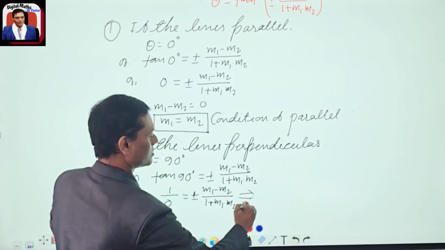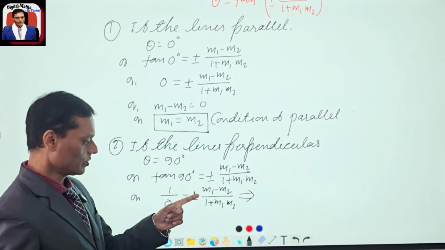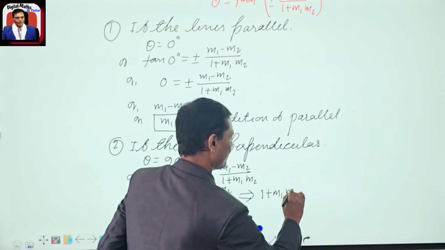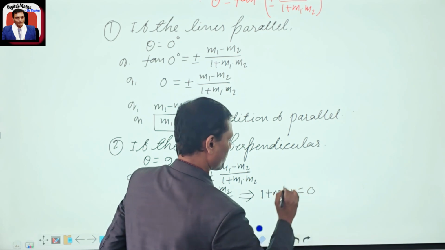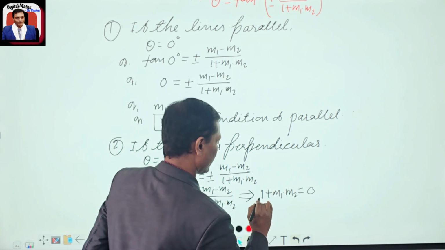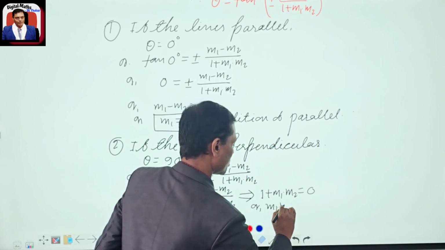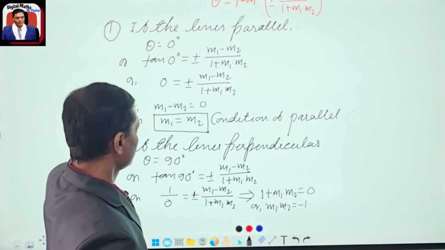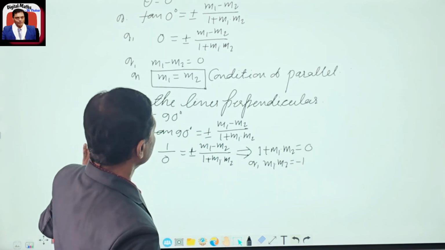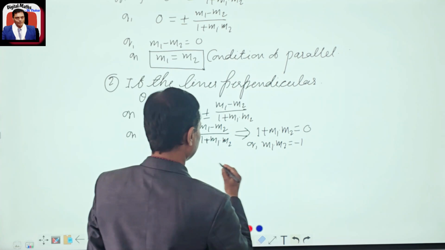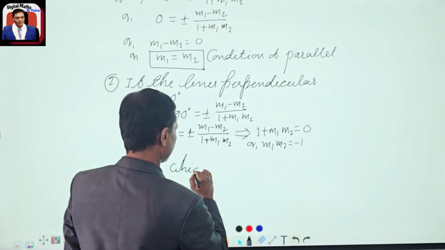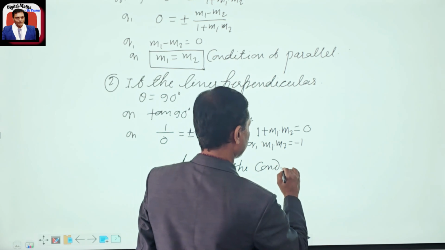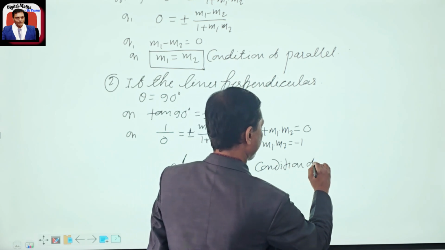Cross multiplying, we get 1 plus m1 dot m2 equals 0, and finally m1 dot m2 equals minus 1. The first case is the condition of parallel lines, and the second is the condition of perpendicular lines.